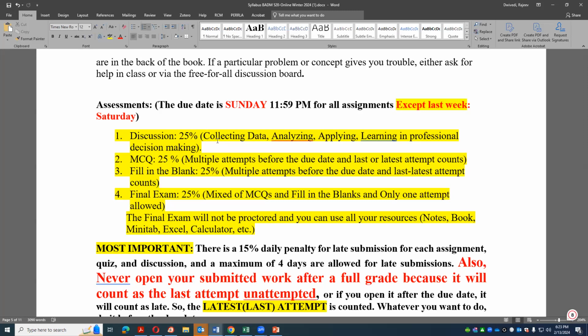But based on that, you are going to talk about your discussion. So the discussion has to have data as its base. Based on that, you use analyzing, applying, learning, and professional decision making. So this is the only change.